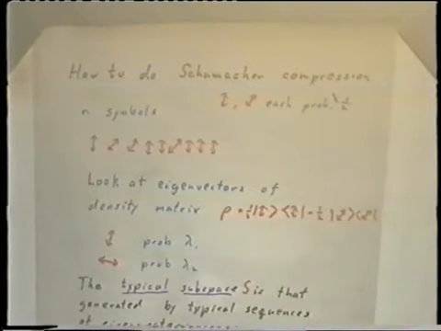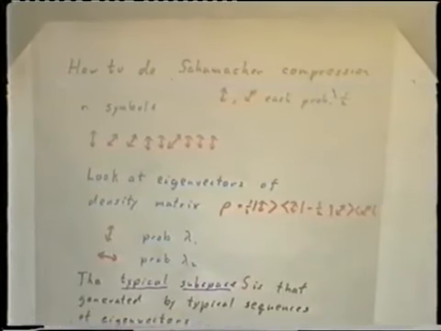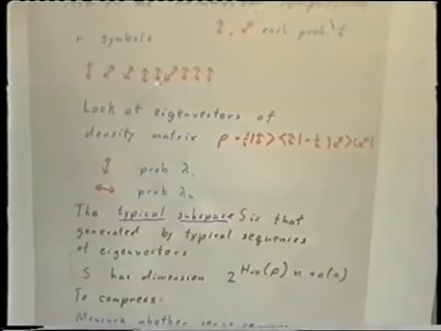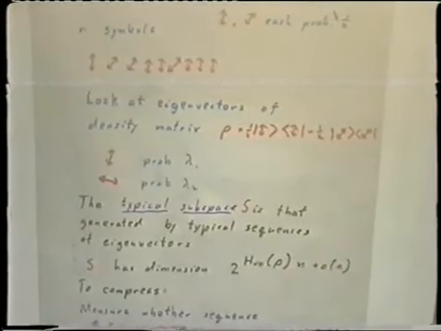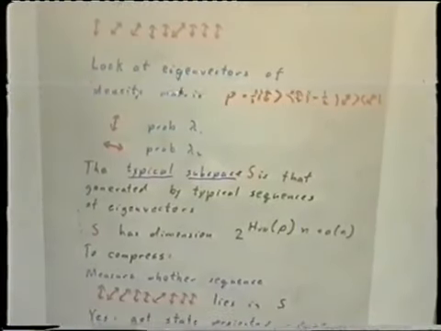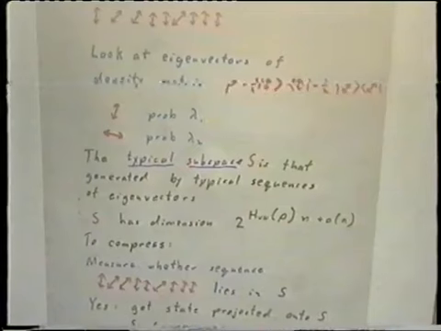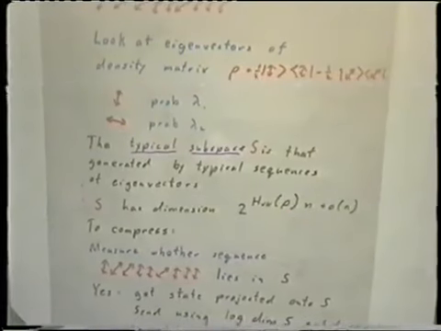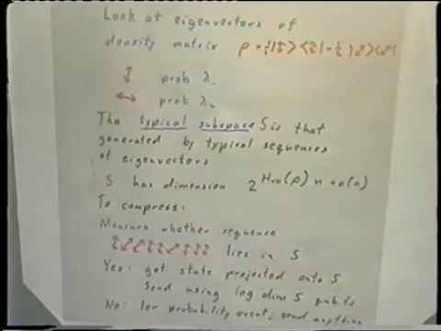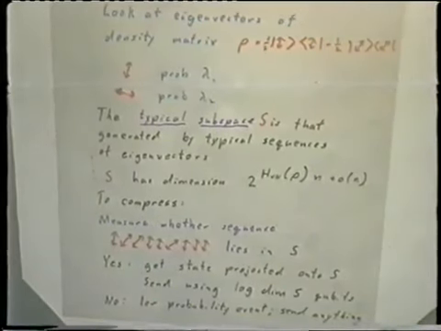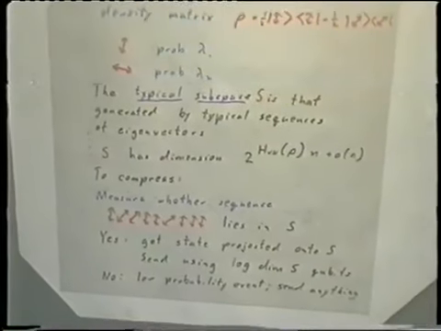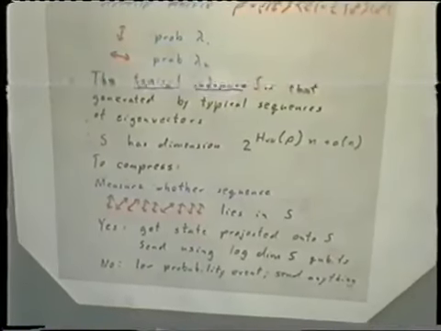So you have a density matrix, for example 1/2 up, up, plus 1/2 diagonal, diagonal, which turns out to be this with probability lambda 1 and that with probability lambda 2. These are the eigenvectors and eigenvalues of it, and the typical subspace is generated by typical sequences of eigenvectors.